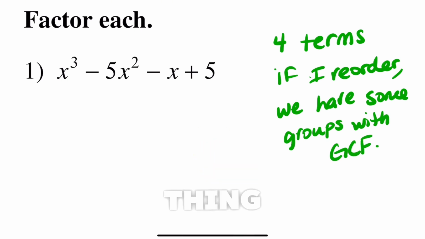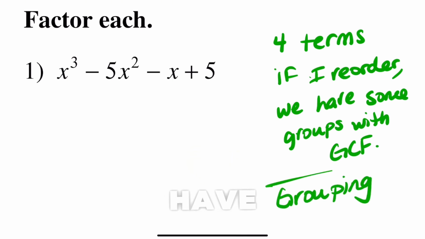All of this are things that I'm looking at before I even start the problem. So I'm going to go ahead and use the grouping method because of what I have identified here.